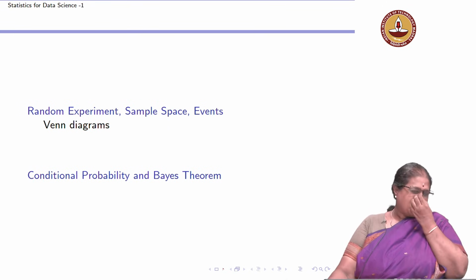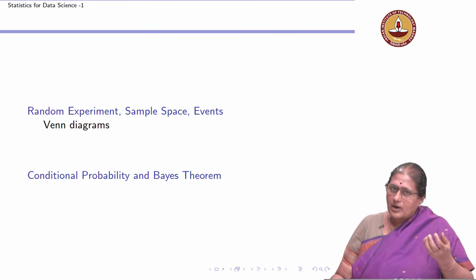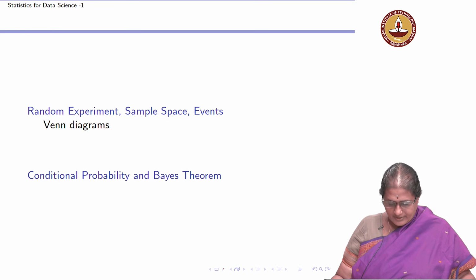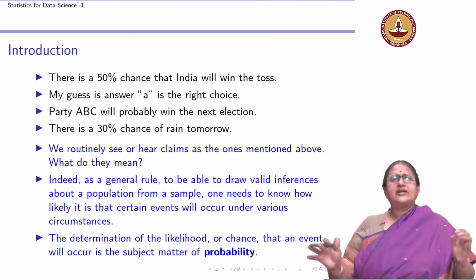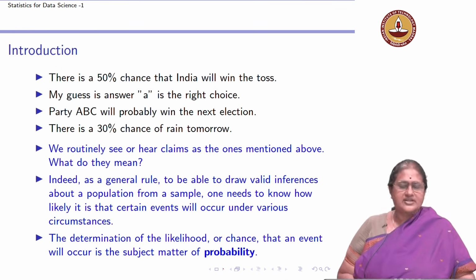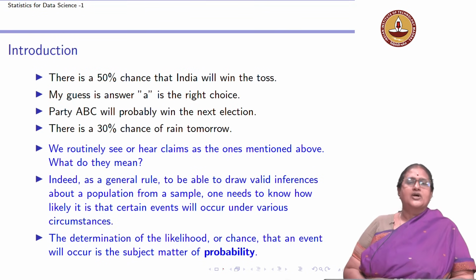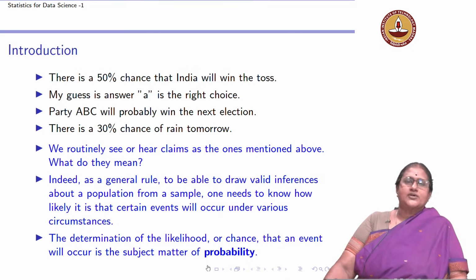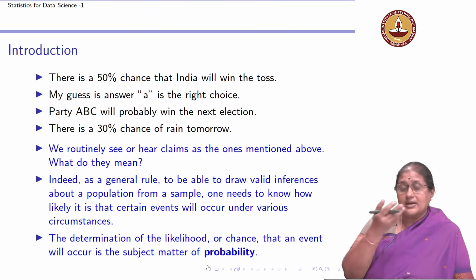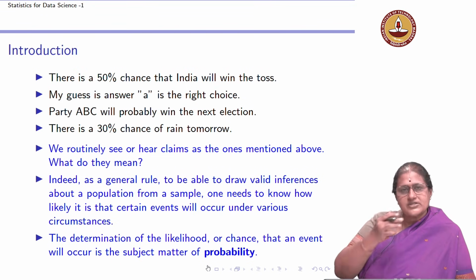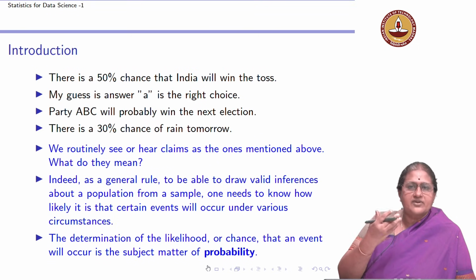Now, let us move forward and understand how to set up the formal definition of probability. Every time we hear things like, there is a 50% chance that India will win a toss, when captains go for a toss at the beginning of a game, say the game of cricket, they toss the coin and the captains decide whether they want to field first or bat first.